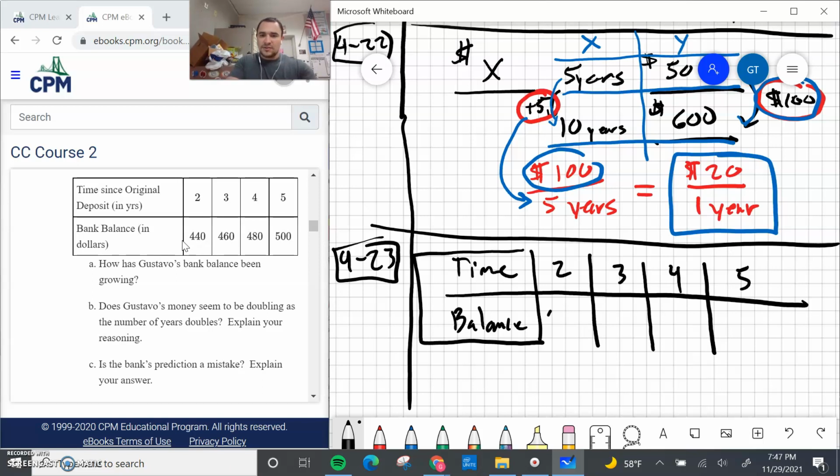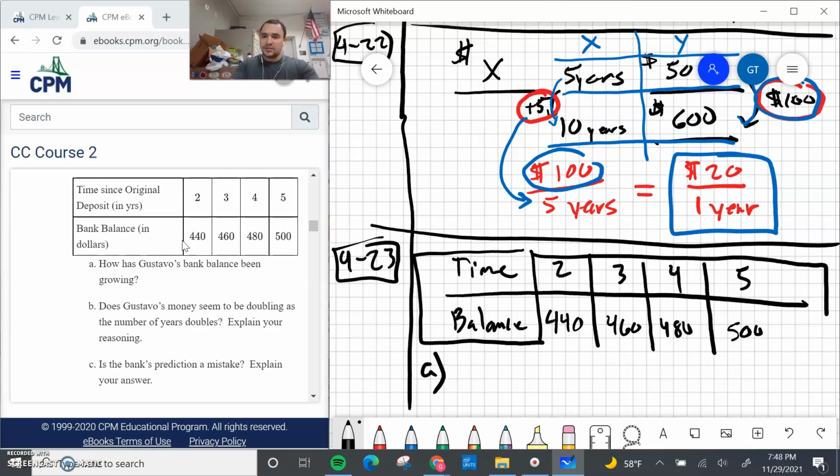And then we have 440, 460, 480, 500. Remember, after 5 years, it goes to $500. After 10 years, it goes to $600. So make sure you understand that. So for A, and yes, you copy the table down. Please copy the table down.